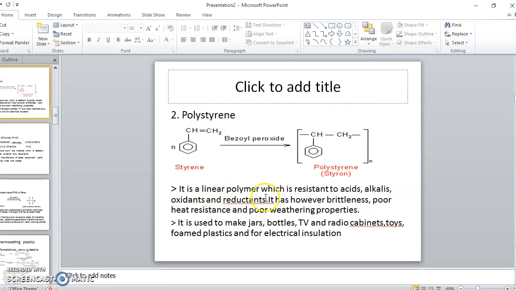It is a linear polymer which is resistant to alkalis, acids, oxidants and reductants. It is however brittle, with poor heat resistance and poor weathering properties. It is used to make jars, bottles, TV and radio cabinets, toys, foamed plastics and for electrical insulation.